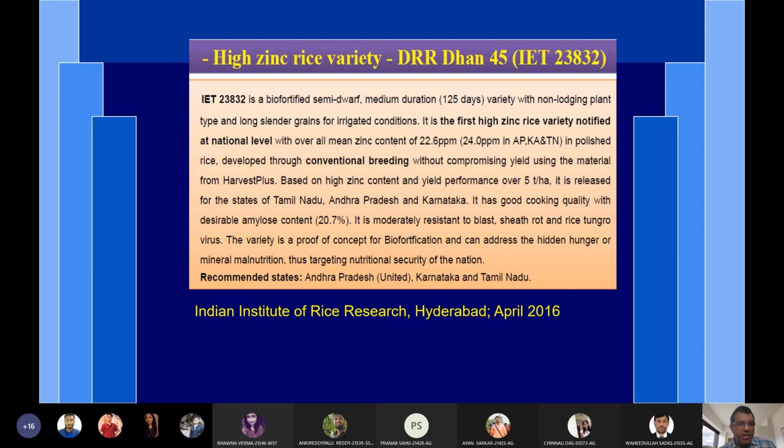Now you see high zinc rice variety. In India, the first high zinc rice variety was DRR Dhan 45. I do not know, there may be some more varieties after this, but this one was the first variety which has higher zinc levels.